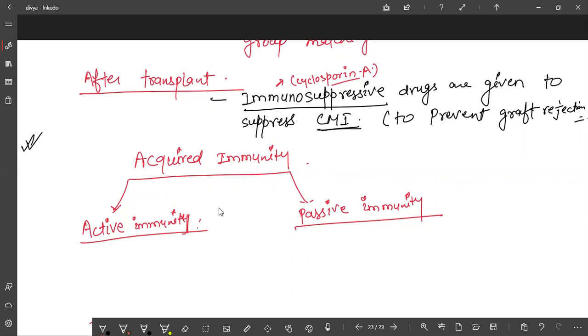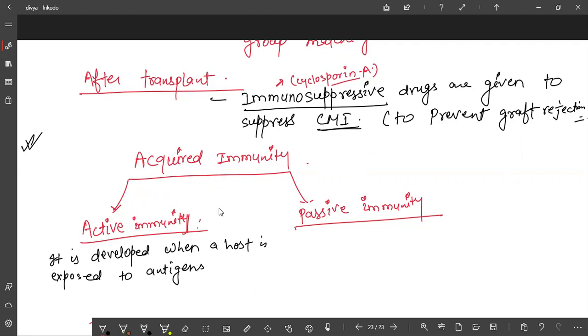So active immunity is developed when a host is exposed to antigens, and antibodies are produced in the host body.